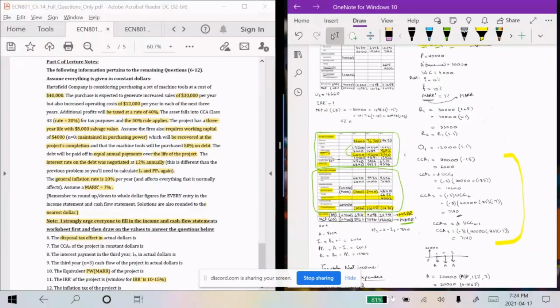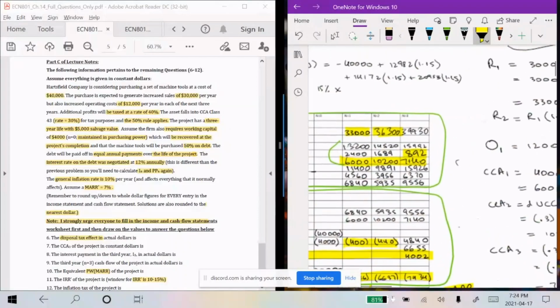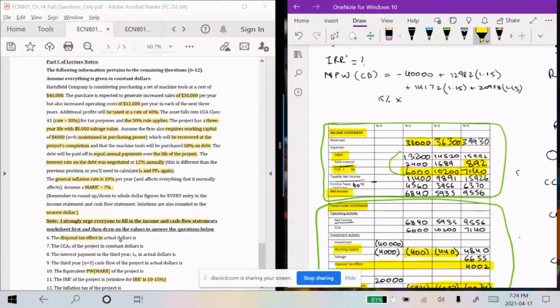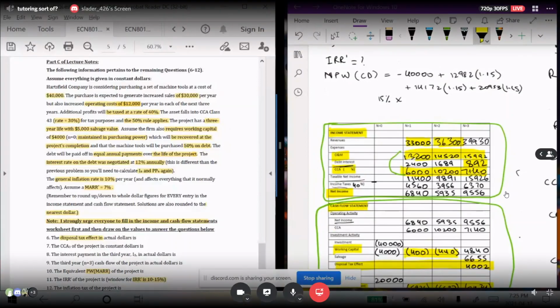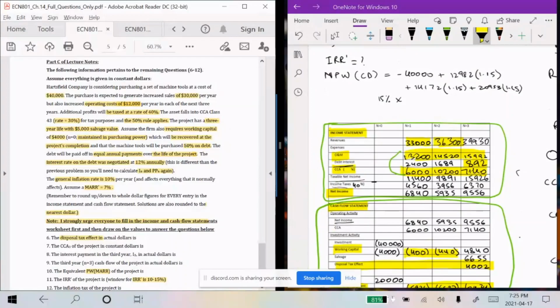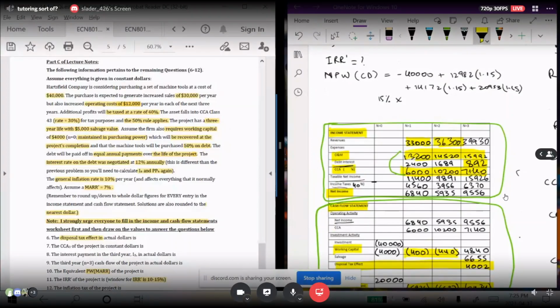The operational costs could be increasing or decreasing instead of remaining constant at $12,000, like a geometric gradient. It could be anything that we've learned in the entire course.